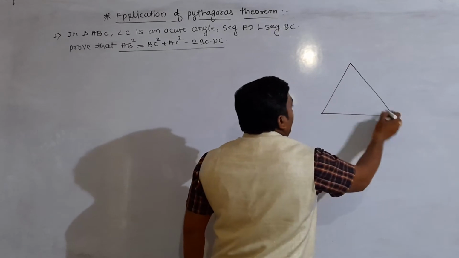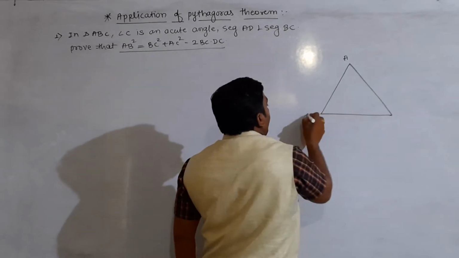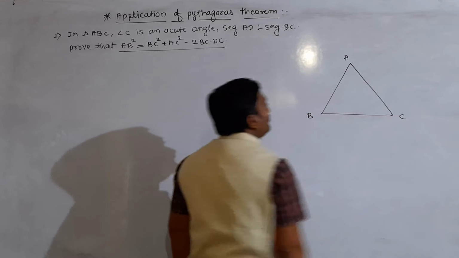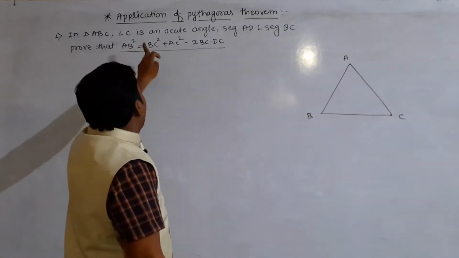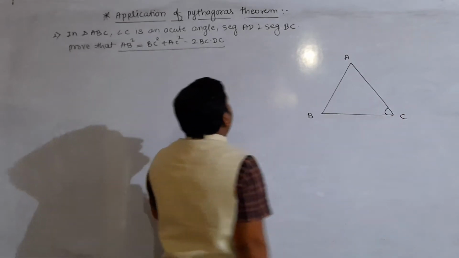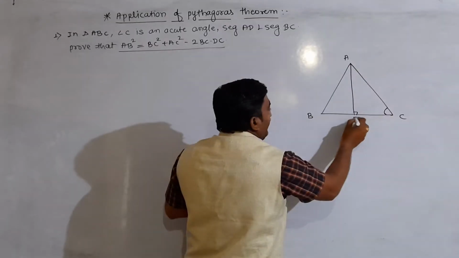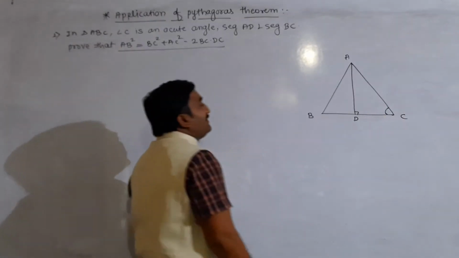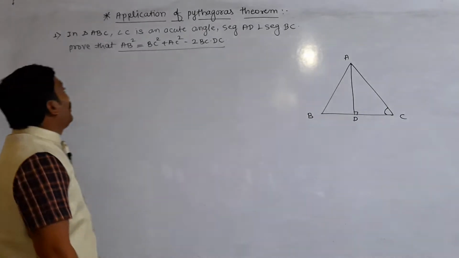This is triangle ABC. In this triangle, angle C is an acute angle. Then segment AD is perpendicular to BC, so we can draw here the perpendicular AD.